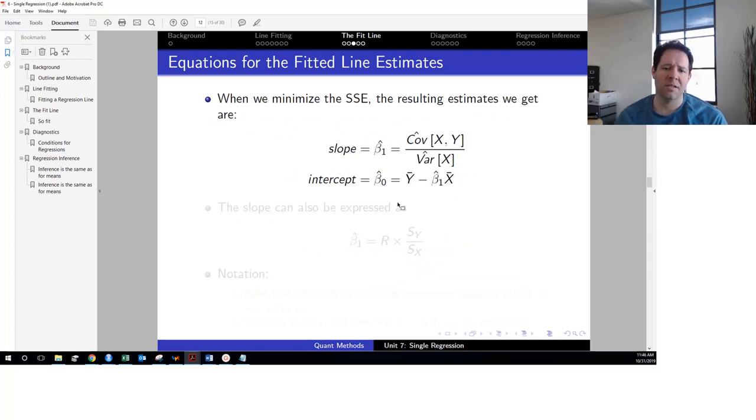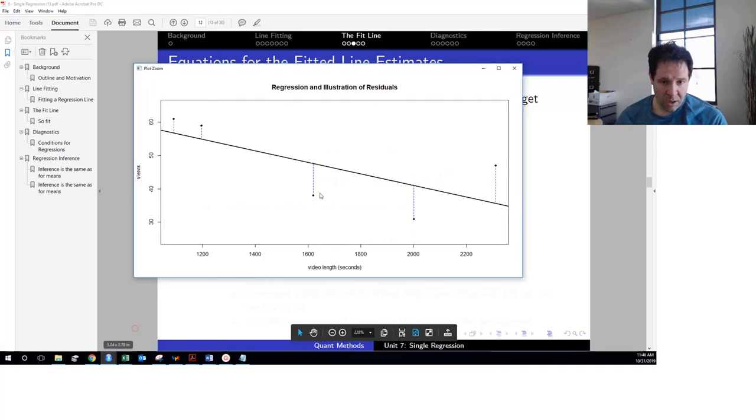When we minimize the sum of squared errors, we get nice equations for the slope and the intercept of the best fitted line in terms of just what the data give us. So when we were back in R and looked at this, how did it fit this regression line?